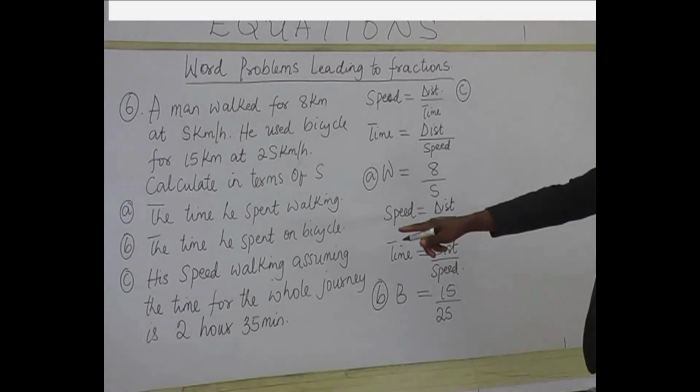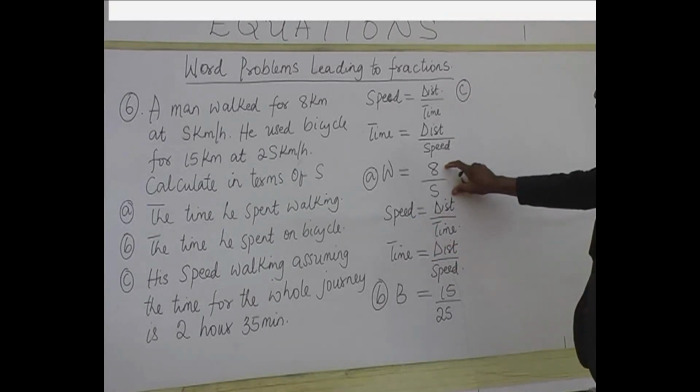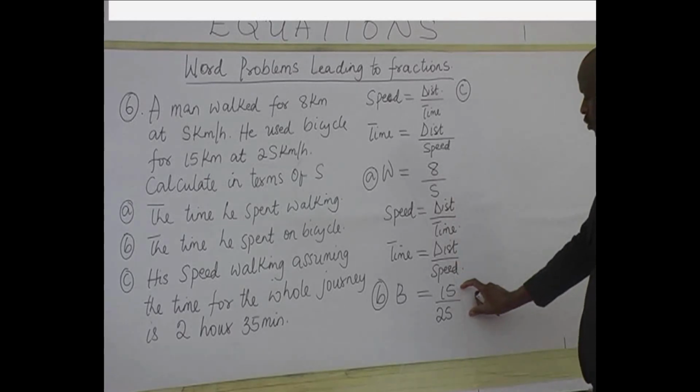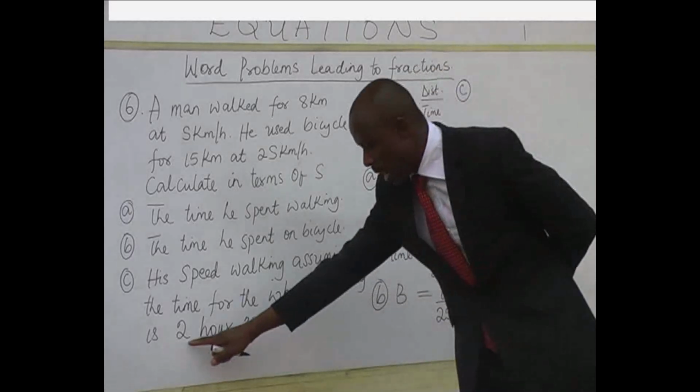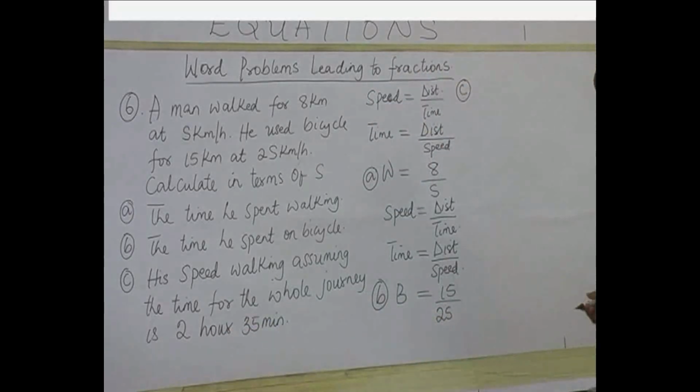What this means is the time he used in walking, which is 8 all over s hours, plus the time he used on the bicycle, which is 15 all over 2s hours, is equal to 2 hours 35 minutes.